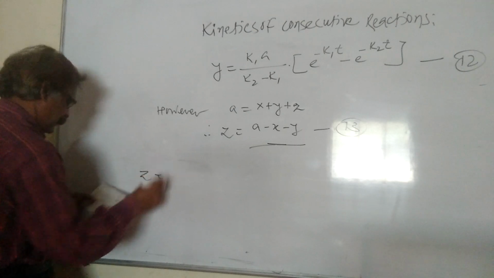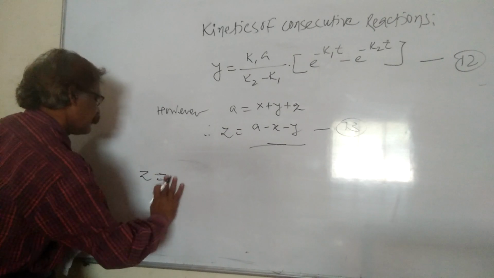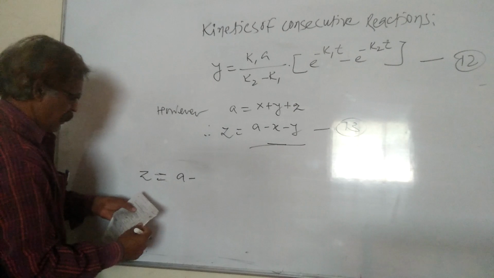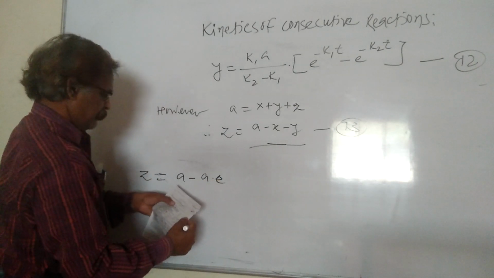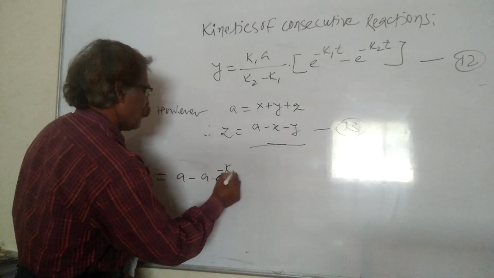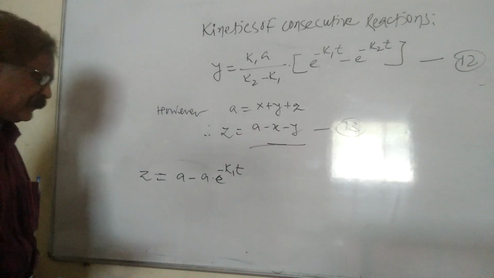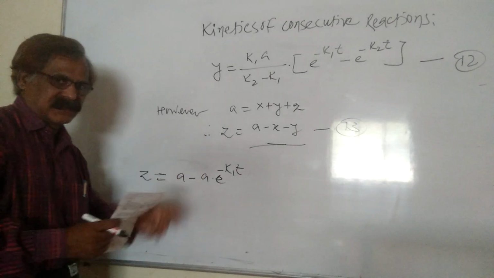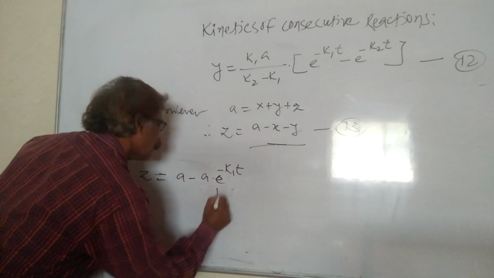So z is equal to A minus A into e to the power minus k1 into t. We have seen, according to equation number 7, x is equal to a into e to the power minus k1 t.